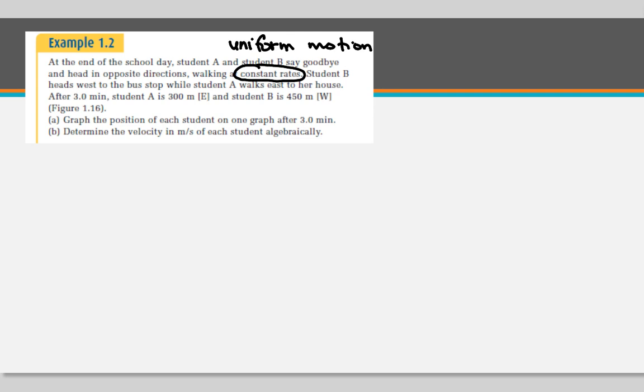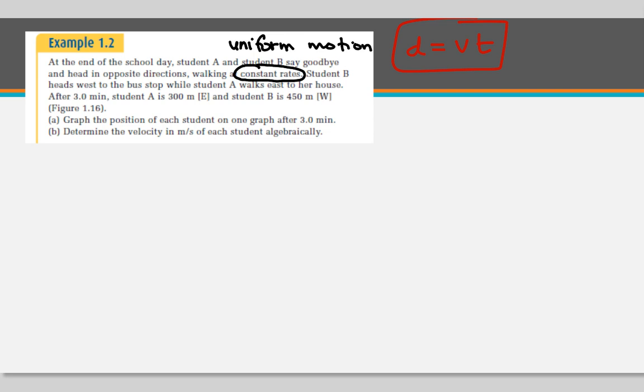You have to understand physics principles to solve problems. As you read through this, it tips you off that they're moving at constant rates. So it's uniform motion. So if it's uniform motion, then the only formula that I can use is essentially this one here, d equals vt. That's the uniform motion formula.